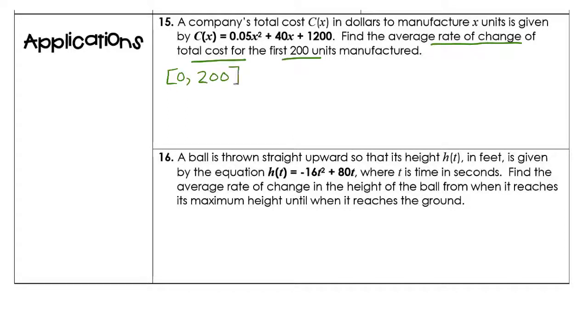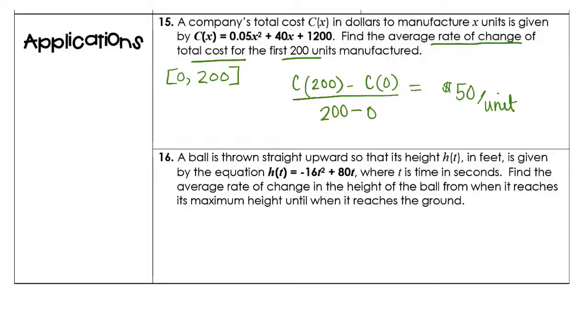So now we need to look at C at 200 minus C at 0, and all of that's over 200 minus 0. Hopefully when we type all this in our calculators, we should end up with $50. And that's going to be per unit, right?